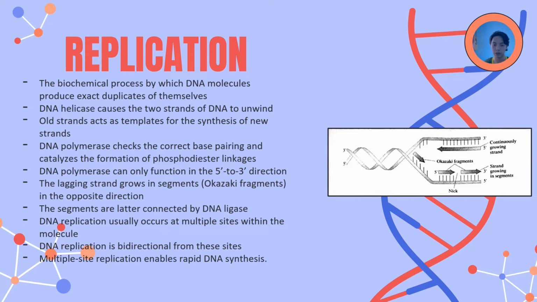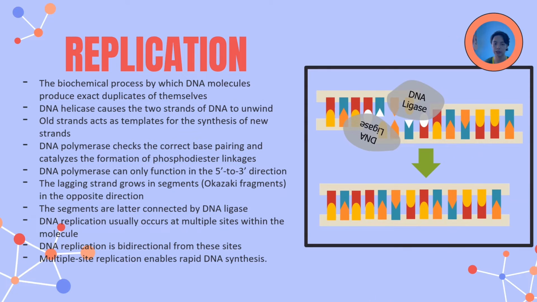The breaks or gaps in this daughter strand are called nicks. To complete the formation of this strand, the Okazaki fragments are connected by action of the enzyme DNA ligase. The result is two daughter DNA molecules with base sequences identical to those of the parent double helix.